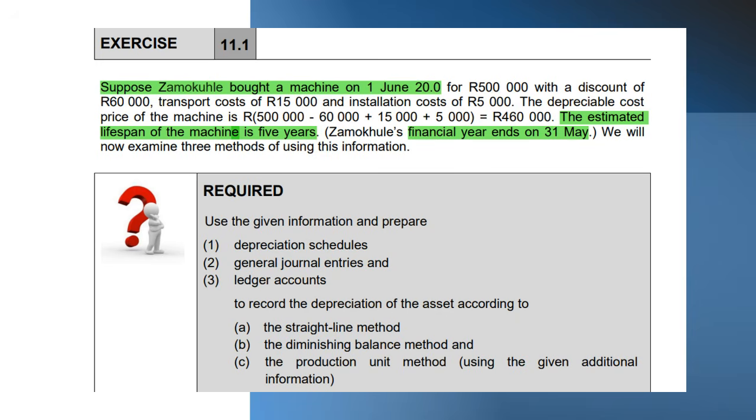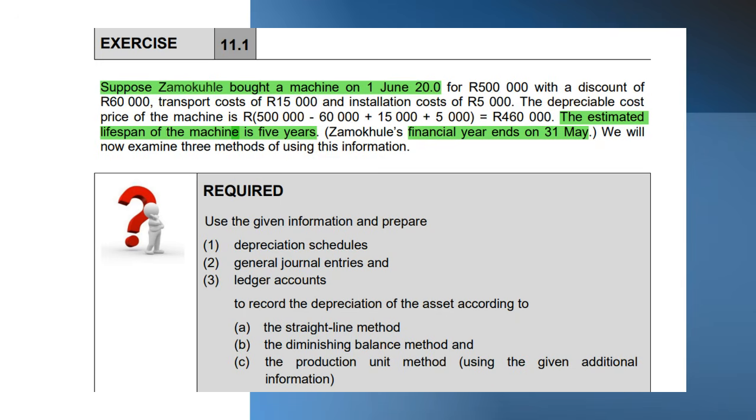Earlier, I explained how we determine the cost price of property, plant and equipment. Machinery forms part of your property, plant and equipment. We said they bought it for how much? For 500,000 with a discount of 60,000. We said trade discount. What do we do with trade discount?